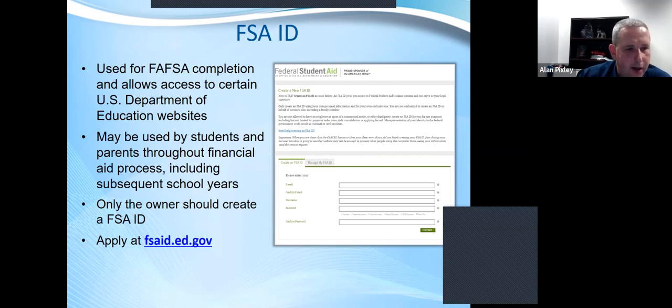They also want you to set up some password hints, and I just say be cautious about that. A lot of people wind up getting locked out of their FSA ID account, and then when it comes time to do the FAFSA, they can't remember their hints because they put what was their favorite movie, and that was their favorite movie in 2020.